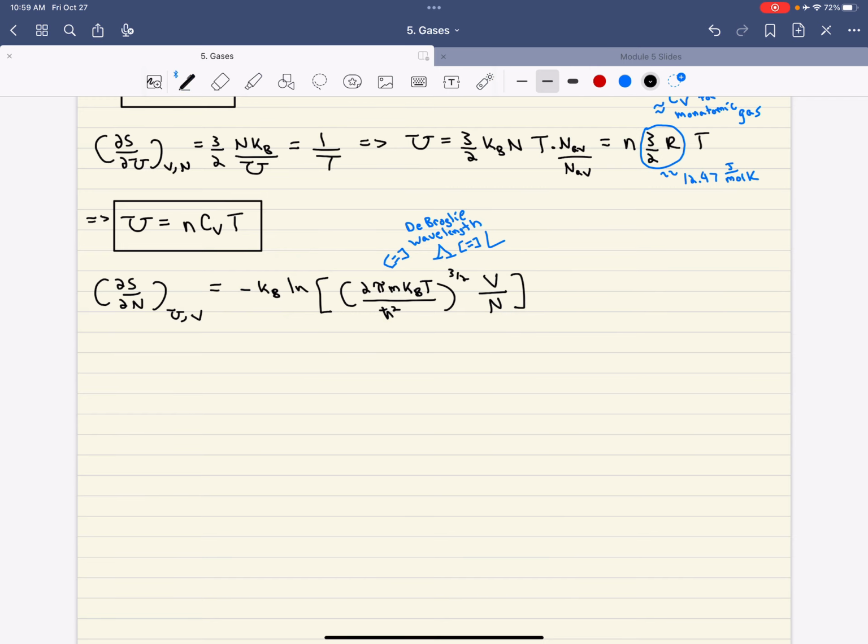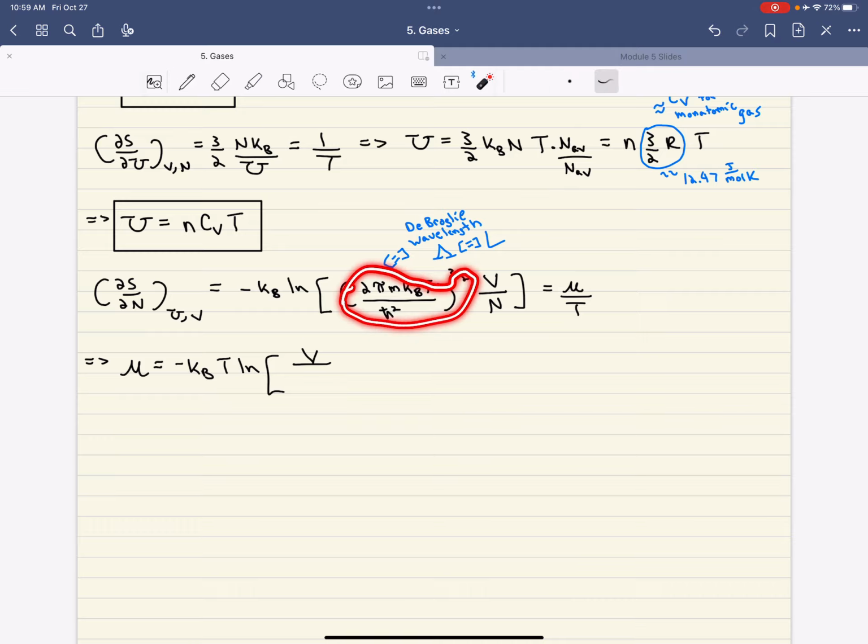We know one of the basic properties is that dS/dN gives us the chemical potential divided by temperature. As a result, we now have an expression for the chemical potential for an ideal gas. Technically the de Broglie wavelength is this to the 1/2, so let me highlight that in blue.